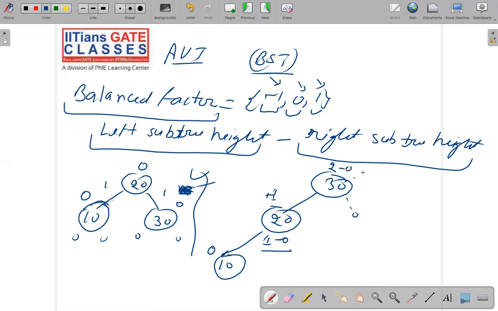So it is 2 minus 0 equal to 2. Now, at this node, this is imbalanced. At this node, this is balanced because the balance factor is 0. At this node, this is balanced because the balance factor is 1. Here the balance factor is 2. So that is why it's imbalanced.